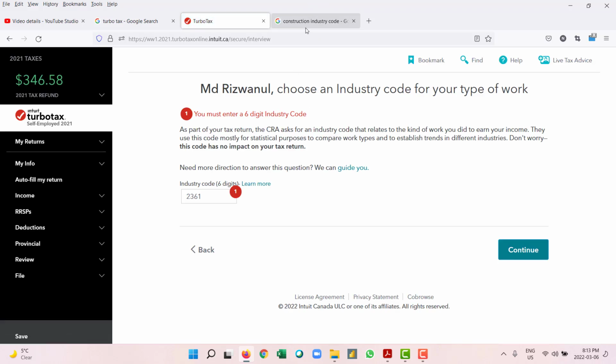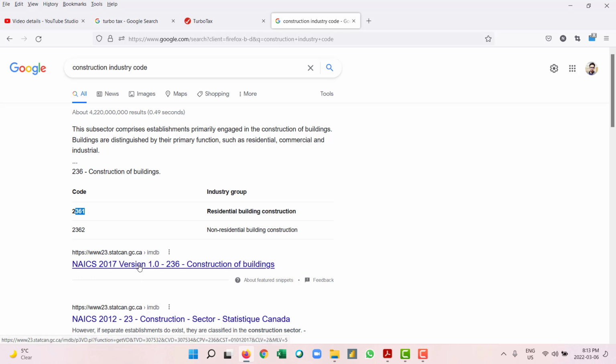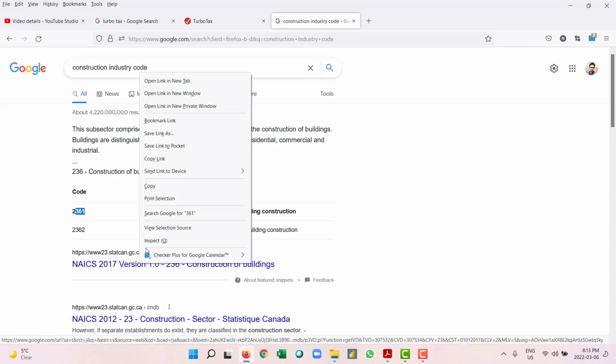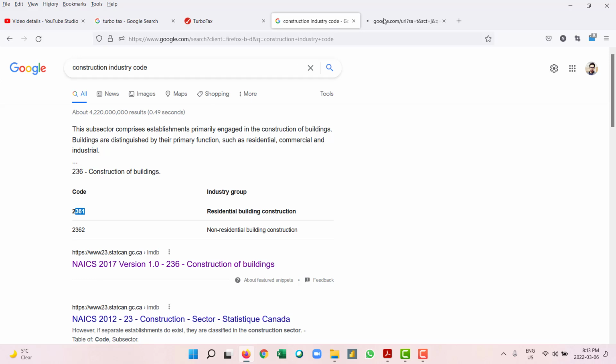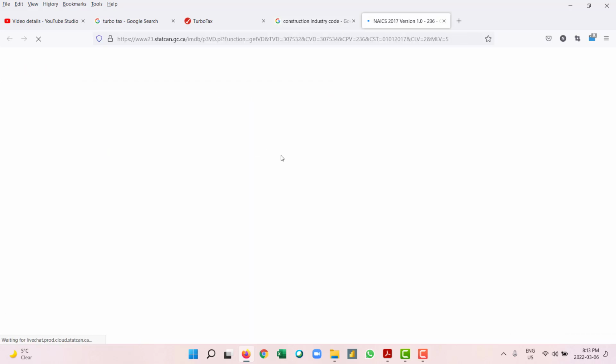It asks for a 6-digit industry code. What is the 6-digit industry code?